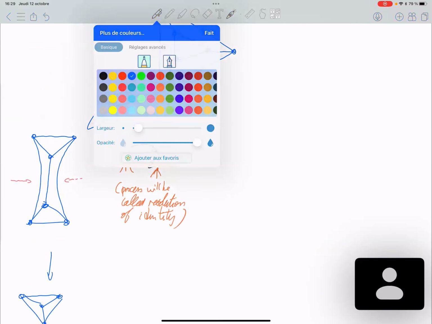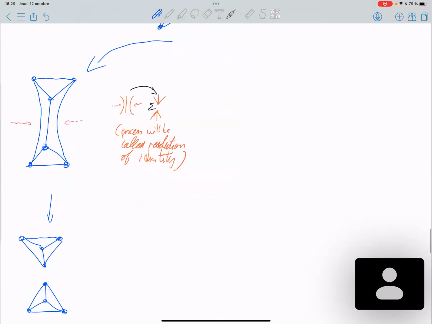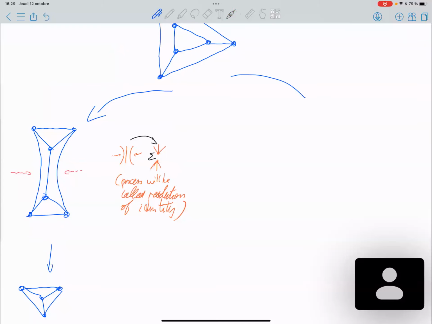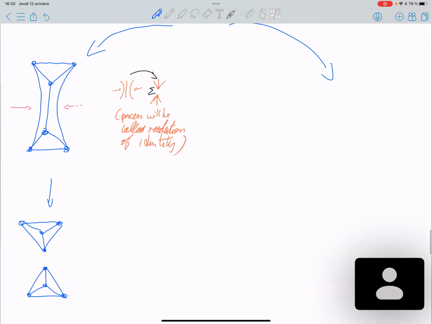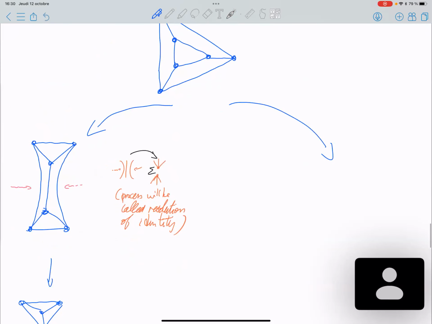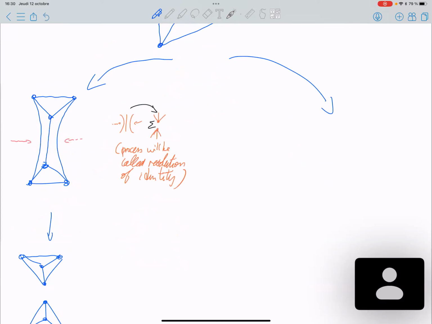Okay. So the other way is a bit more difficult to draw. Okay. So for the other way, we want three. So how to do that? We will again apply the resolution of identity. So let me draw the picture like that.